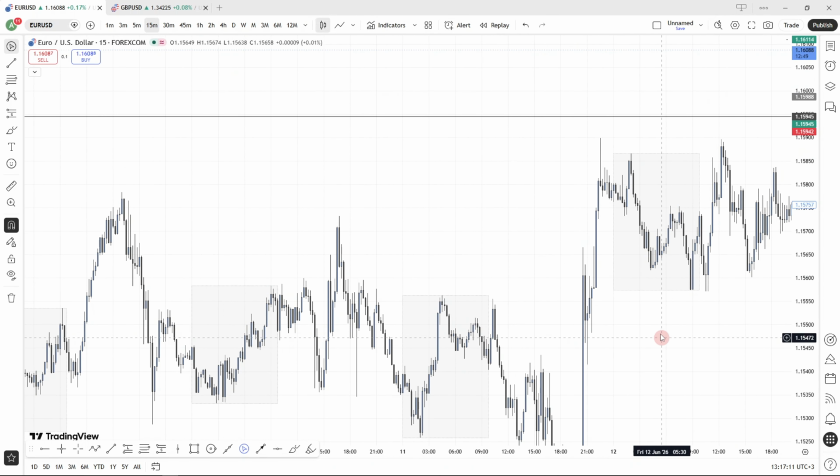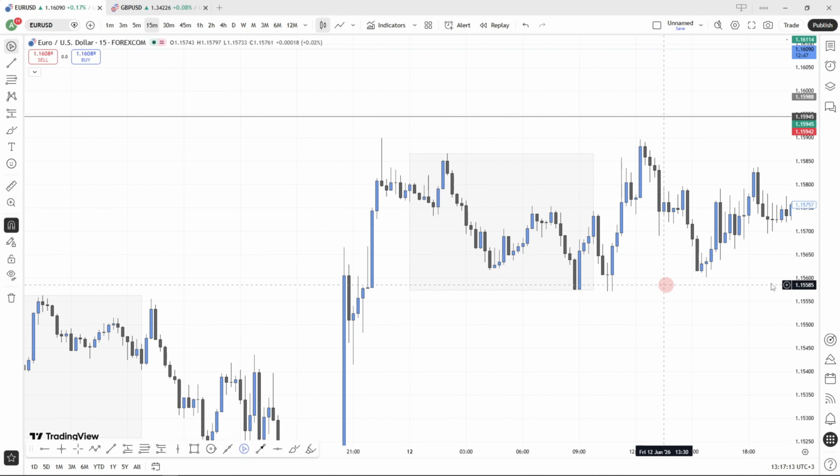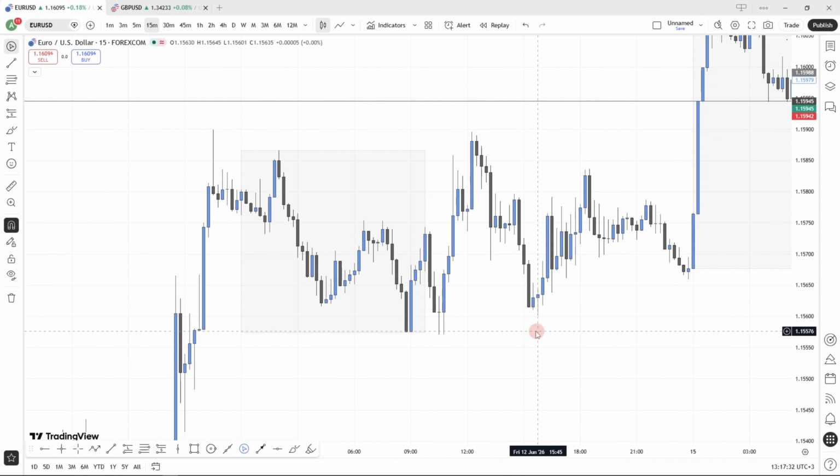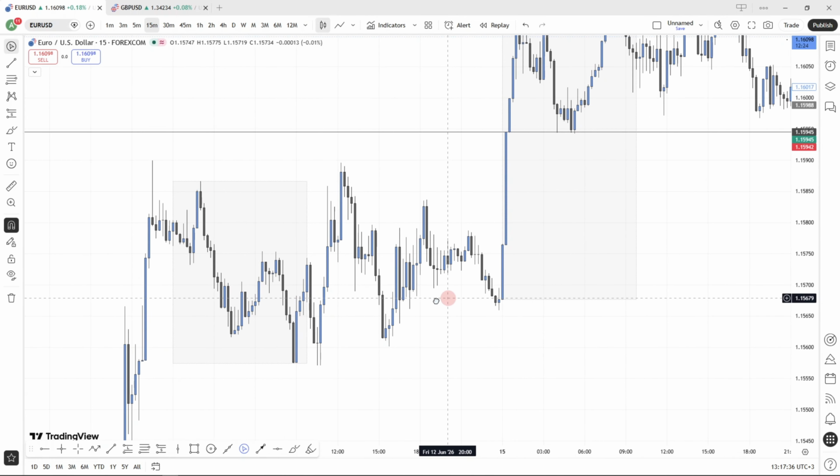Remember, Asian is this highlighted area. This is the Asian session. And then you can see during London open, it did manipulate by taking out the Asian lows, and then we had a distribution targeting this Asian high.